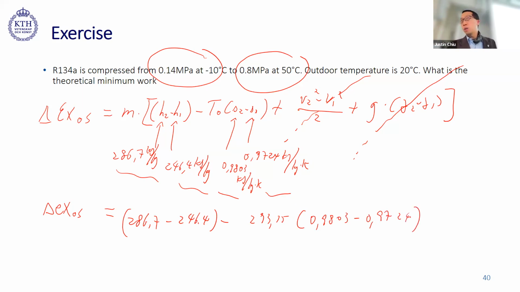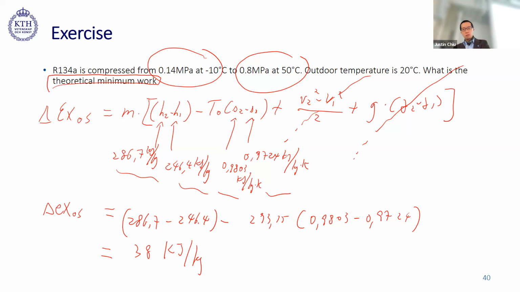This would give us kilojoule per kilogram, and this is 38 kilojoule per kilogram. So this is the specific exergy for this system, which corresponds to the theoretical minimum work that is required for this compression.